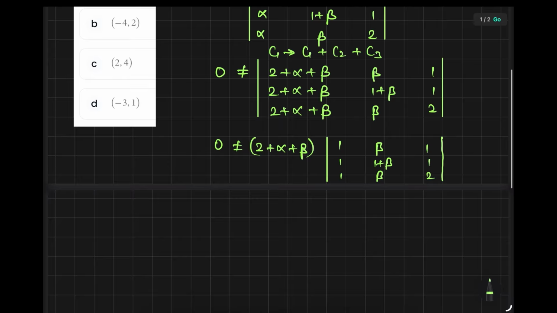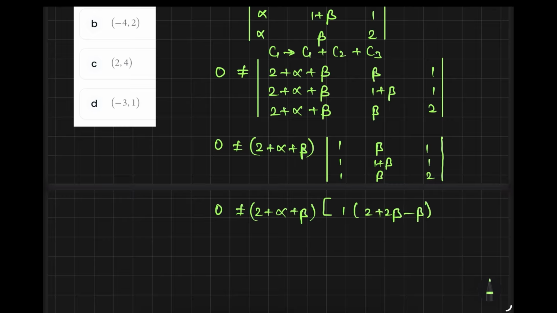Let's simplify things. 2 plus alpha plus beta, and now I will open this determinant. Okay, so we got 1 times (2 plus 2 beta minus beta minus beta) minus 1 times (2 minus 1), so 1, plus 1 times (beta minus 1 minus beta), so it is minus 1.